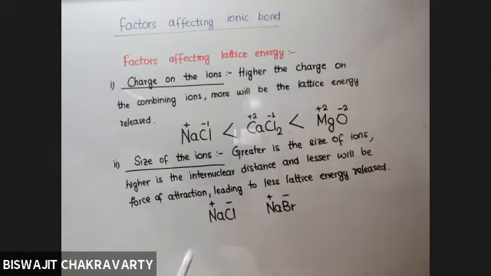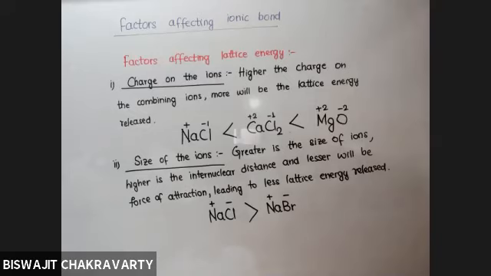So who do you think will release greater amount of lattice energy when they interact? NaCl. Of course, NaCl. And that is why we can say that NaCl releases greater lattice energy. Understood? Yes, sir.